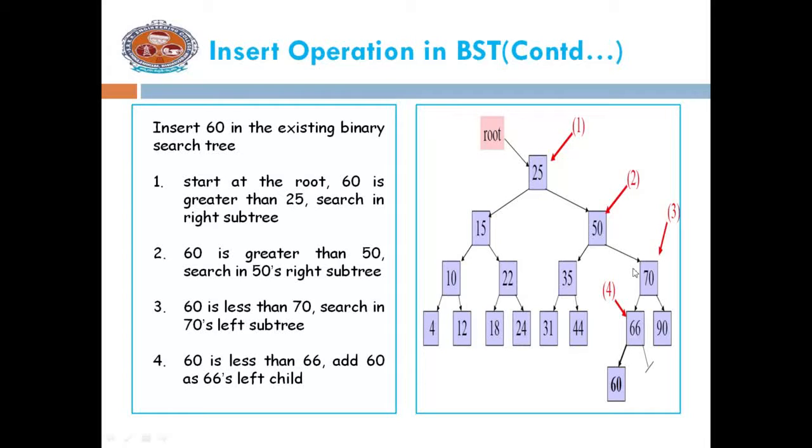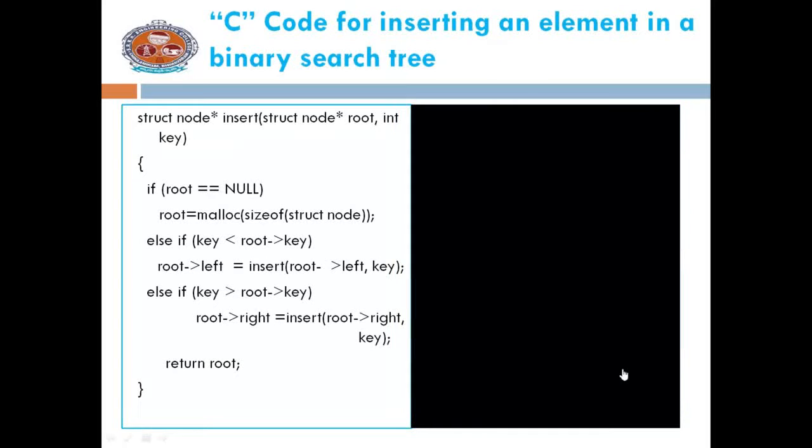Now compare 60 with 70. 60 is less than 70, so we traverse towards the left child. Again compare 60 with 66. 60 is less than 66, so we traverse towards here. So we create a new node and insert the new node, that is 60, here.